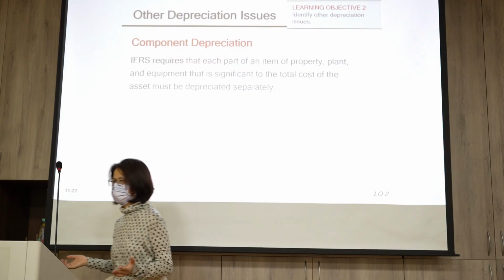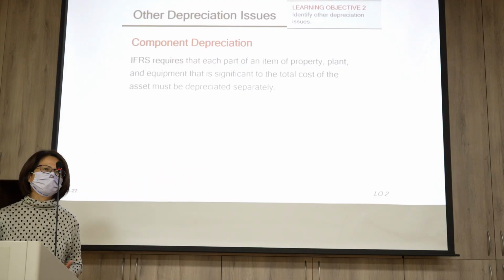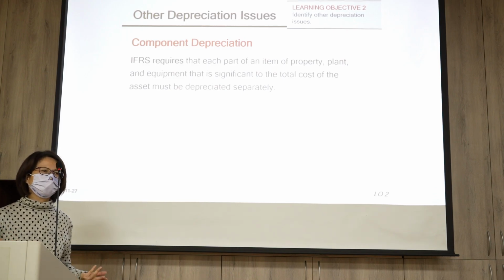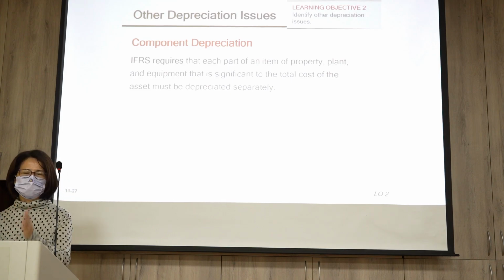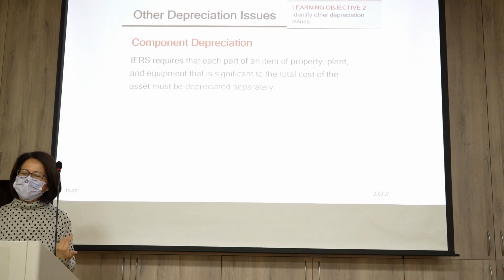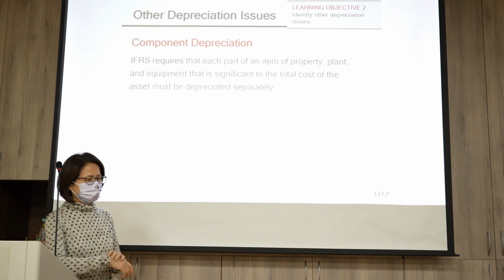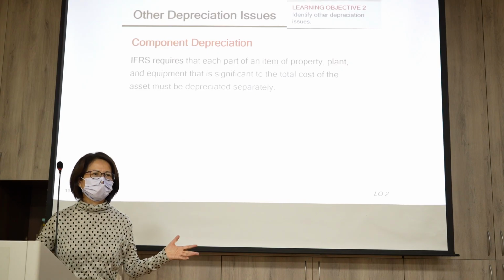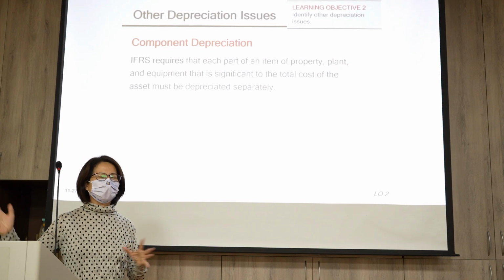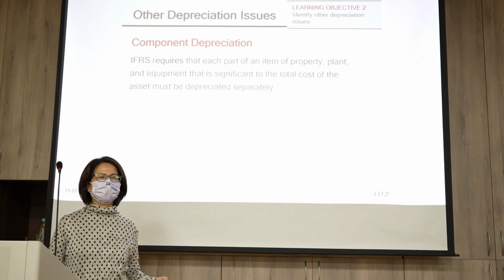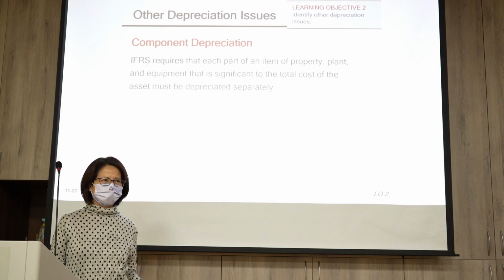But often PPEs are acquired not at the beginning of the period, but at some point in the period. And some other issues: if the PPE is huge, then it has different components with different useful lives. So how do you apply the method? You know what I mean?